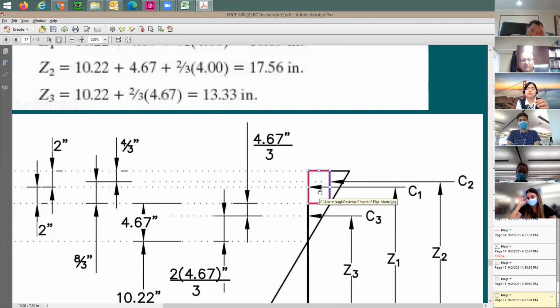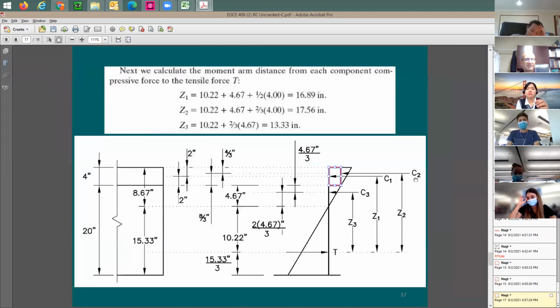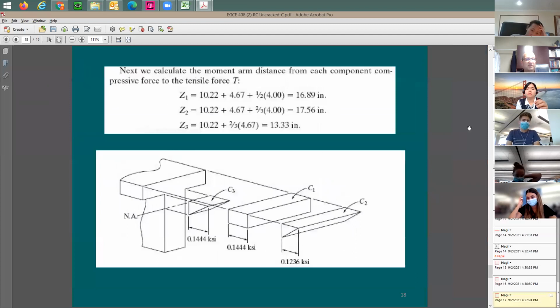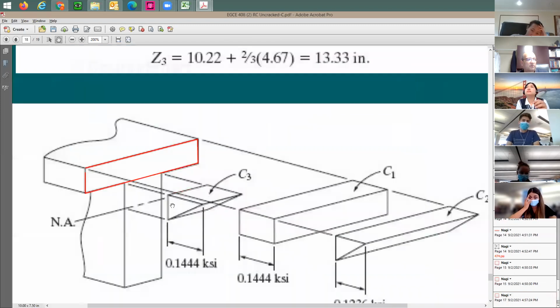This also goes for the entire width of the flange. What is the flange? The flange is going to be this piece. And what do you call this piece at the bottom? We call this the web.